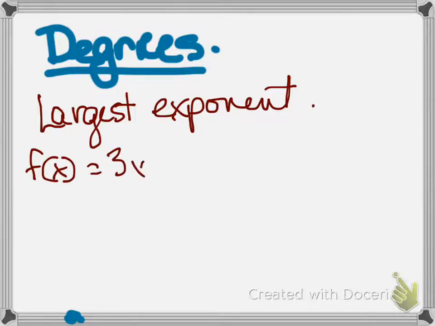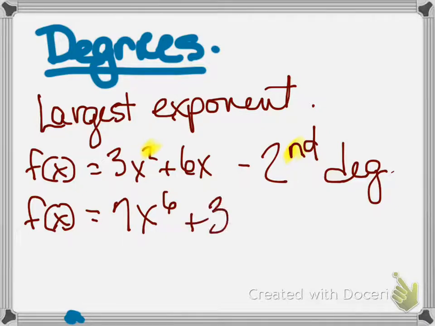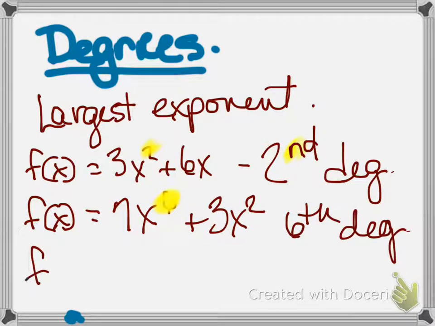So with the function f of x is equal to 3x squared plus 6x, 2 is our highest exponent, so we say it is a second degree polynomial. If we have f of x is equal to 7x to the 6th plus 3x to the 2nd, we say that this is a sixth degree polynomial.